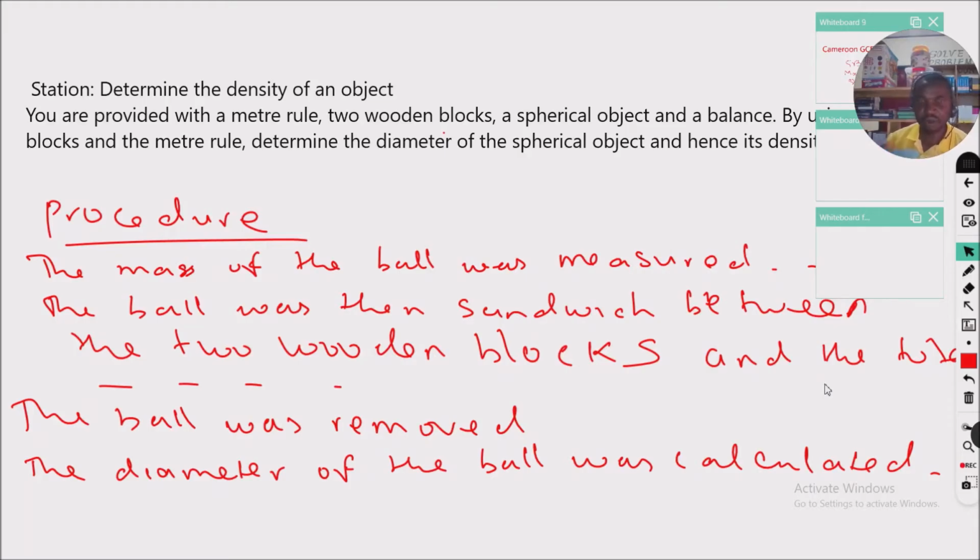When you do that, you get the diameter, and that's it. That's your procedure. Now, the next thing is my observation. What did I observe? Let's go to your observation.